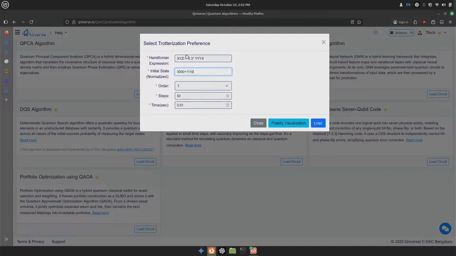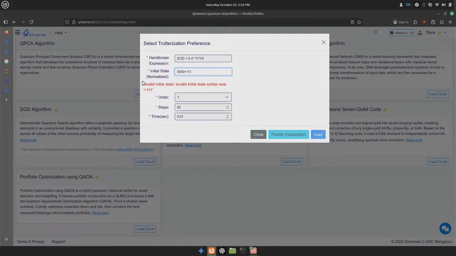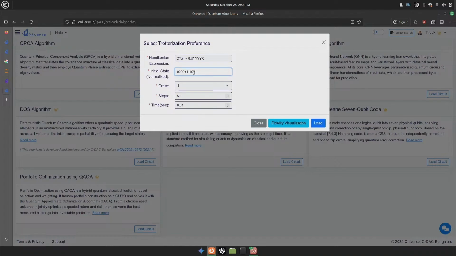If you choose the initial state of a 3 qubit system, it will throw an error saying invalid initial state, a syntax error, which says you have to put your initial state of a 4 qubit system. Here I can select the Suzuki-Trotter order and the number of slices that I want to reach. Let's say I want to reach 100 slices and I want to simulate it for 2 seconds.